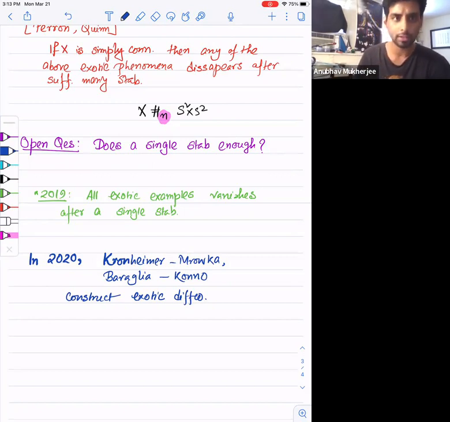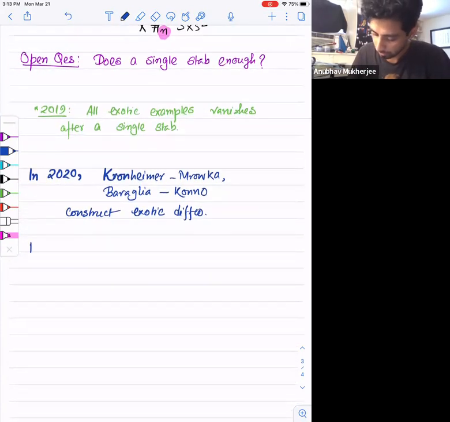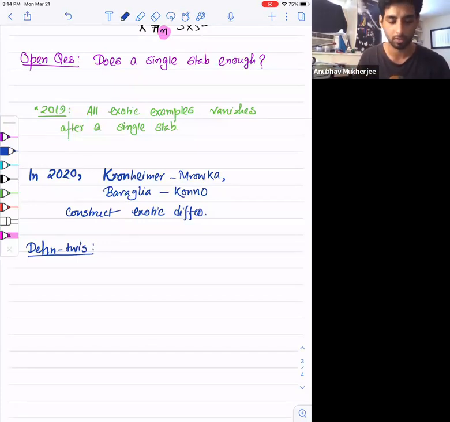They generalize the notion of Dehn twist and show some kind of exotic behavior. So let's talk about Dehn twist for a moment. Let's try to visualize the picture, and then we can write down the corresponding math.